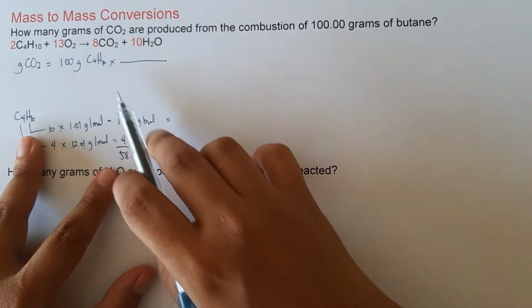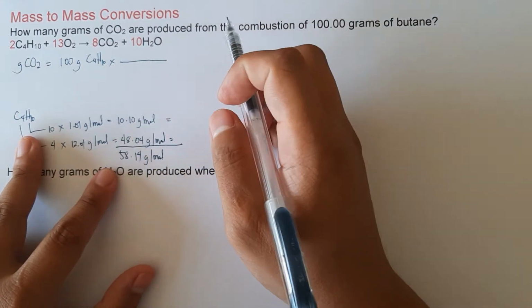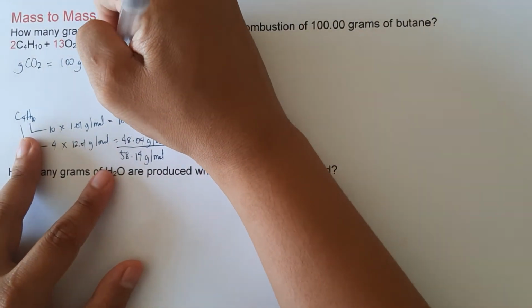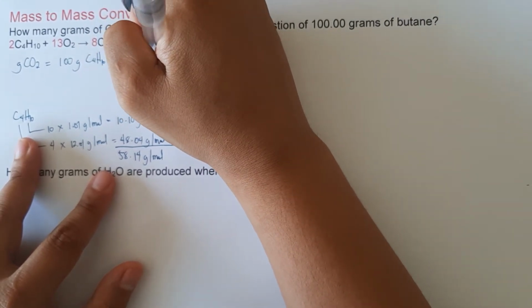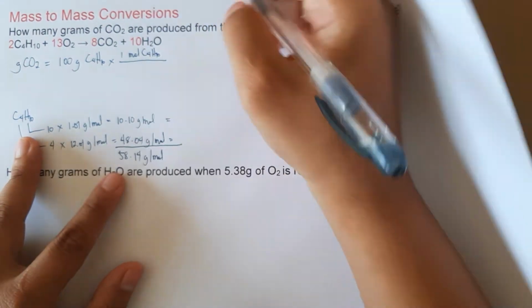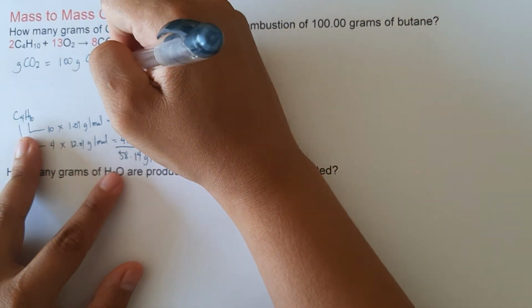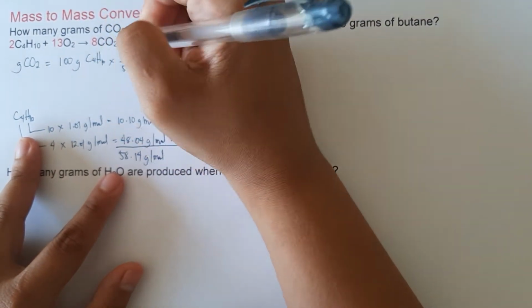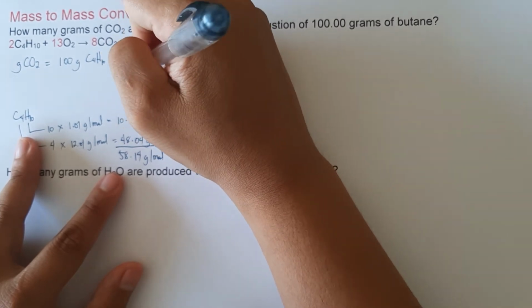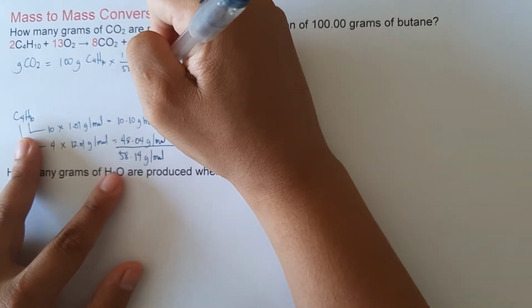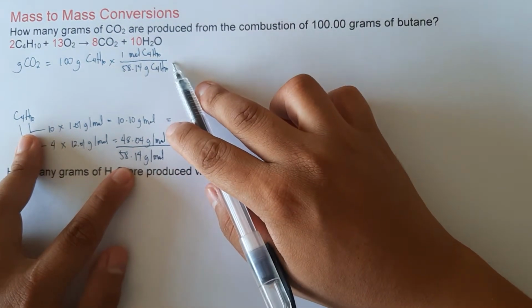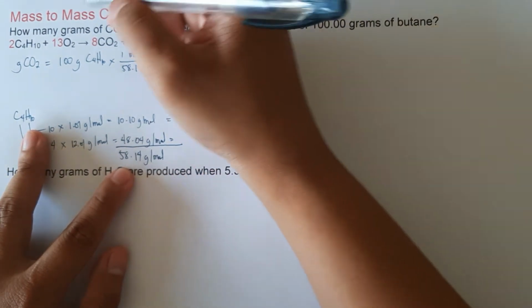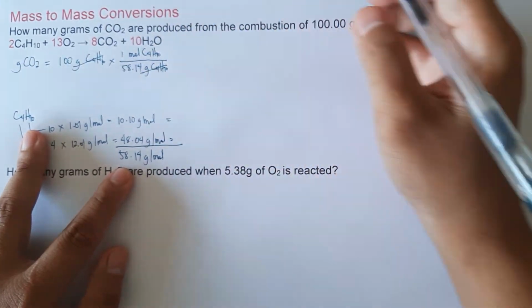So we write here. So again, we need to cancel grams of C4H10. So that will be in every 1 mole of C4H10, there are 58.14 grams of C4H10. This one and this one are just the same. In-expand ko lang para makancel natin yung units.